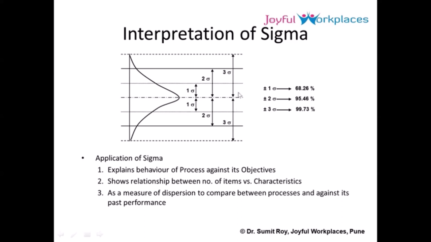All the dimensions are summed up and the average is taken. From the average, each of the dimensions is subtracted, and then you square it, add it up, divide it by the number of dimensions minus 1, that is what is called the degrees of freedom, and take a square root.